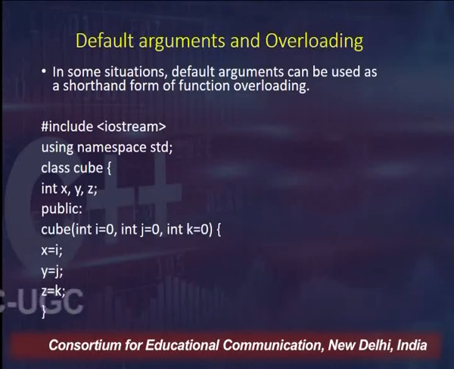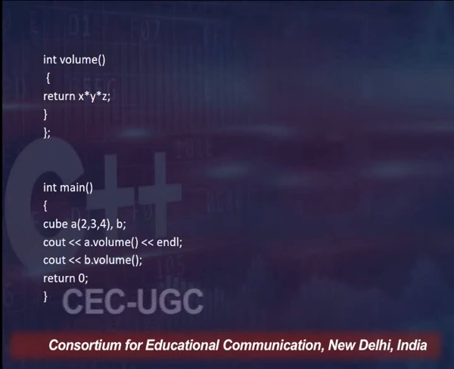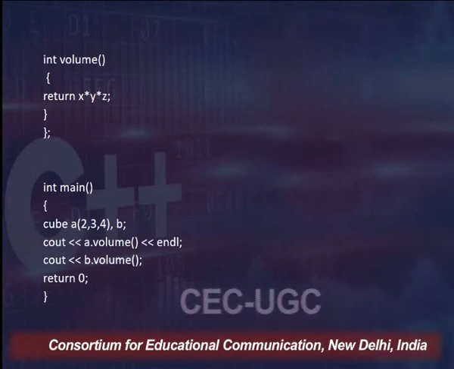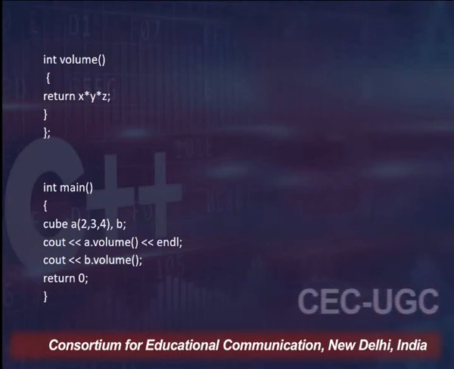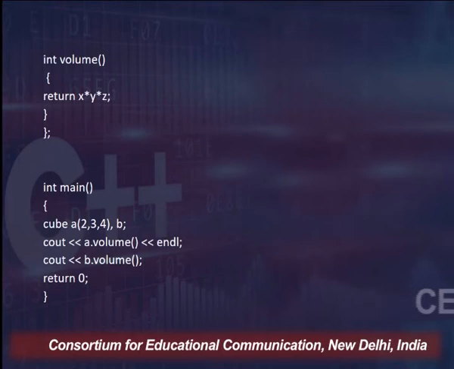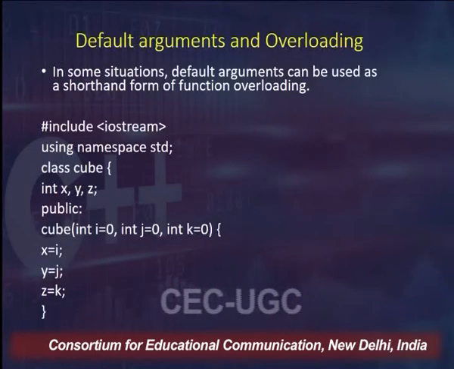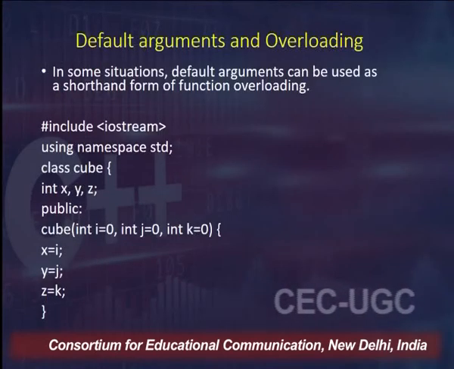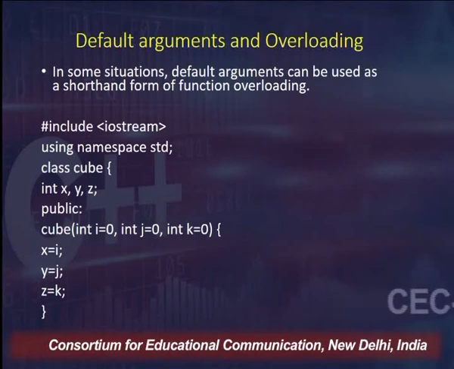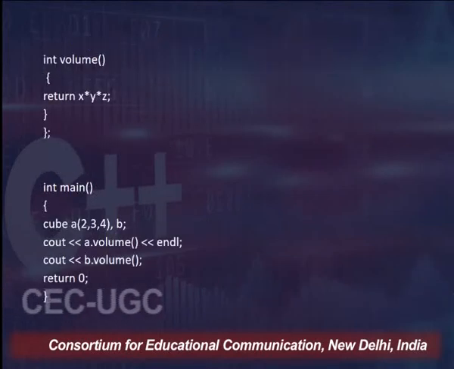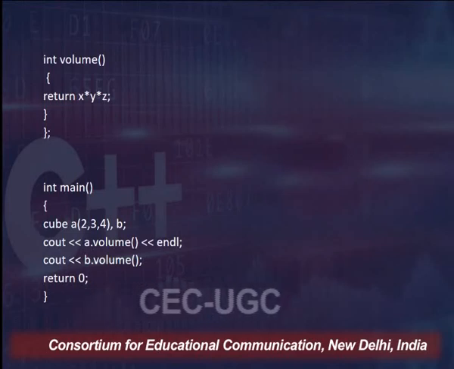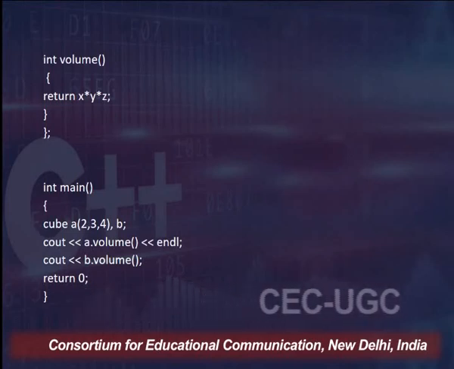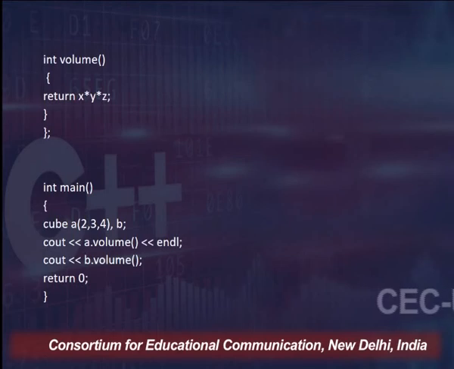In the second situation, when I create an object with just B, the constructor is again called, but in the absence of any parameter list, the values of i, j and k are taken as their default value, which is 0 for all three, as our program shows. So we have cleverly used default arguments as a shorthand for function overloading.